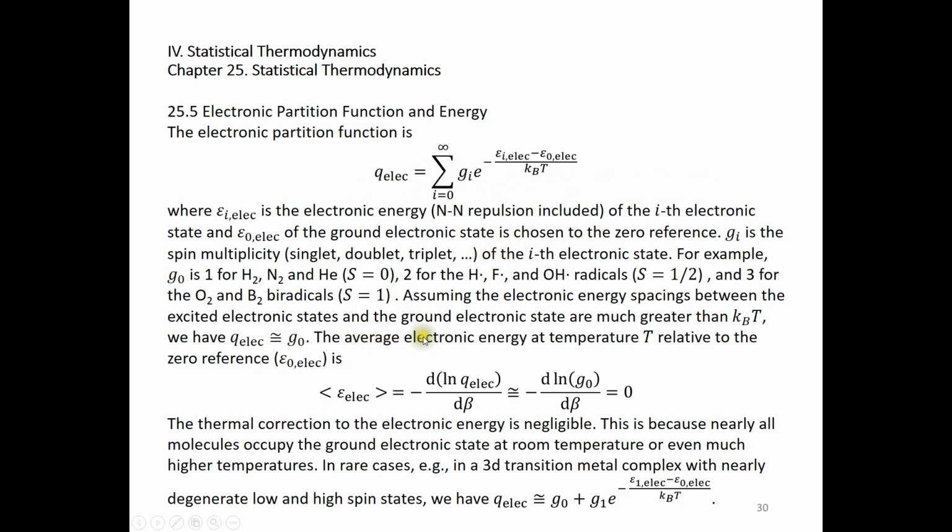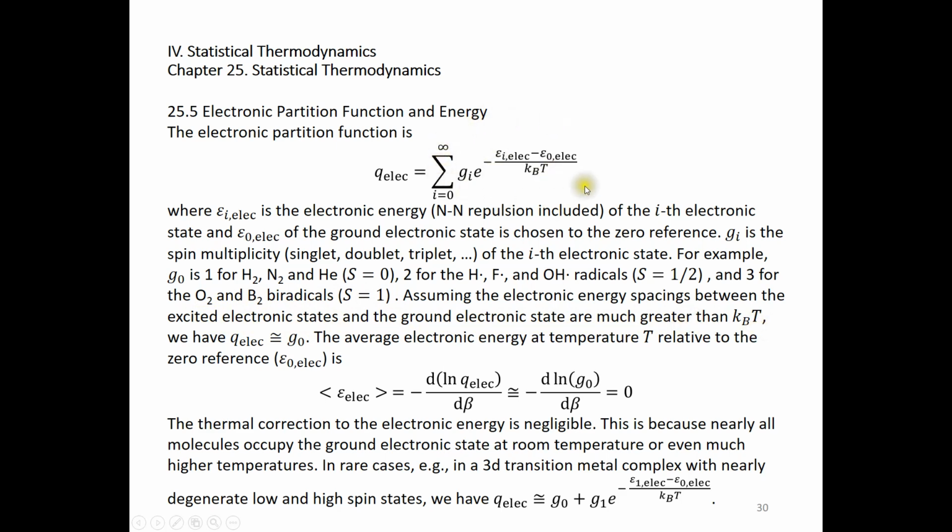The average electronic energy at temperature T, relative to the zero reference which is epsilon_0 electronic, is this. We use negative d ln q over d beta. Again, we assume the electronic energy spacings between the excited electronic states and the ground electronic state are much greater than kBT.